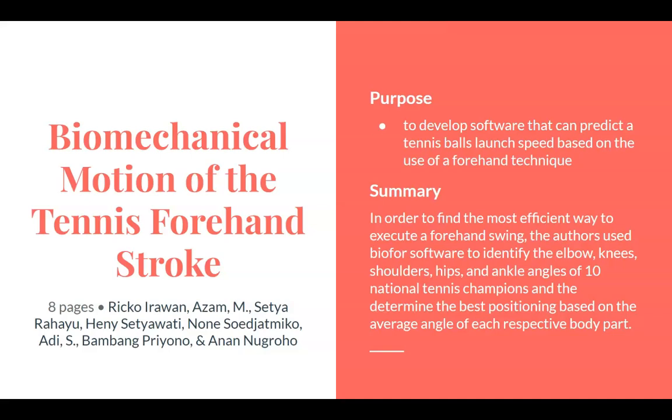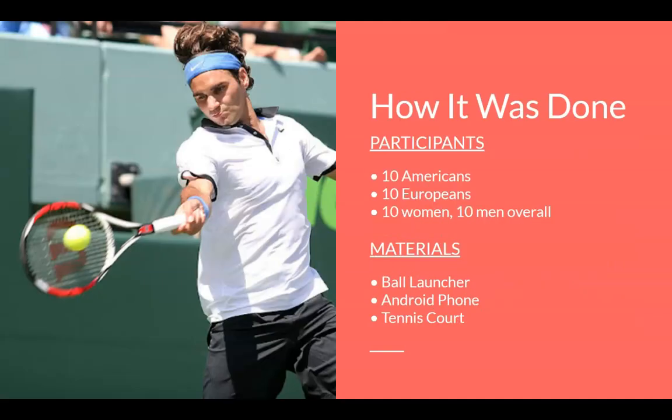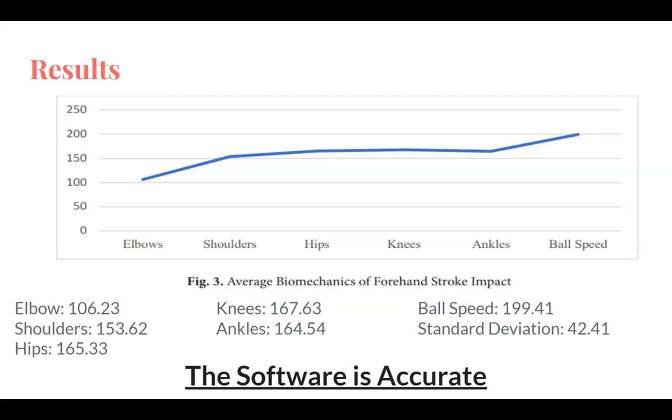And from that point, the authors, listed here on the slide, were able to find the average angle and figure out which was the most efficient for getting the best swing. And then here's another picture of the guy doing it, and then the stats here with participants and materials.